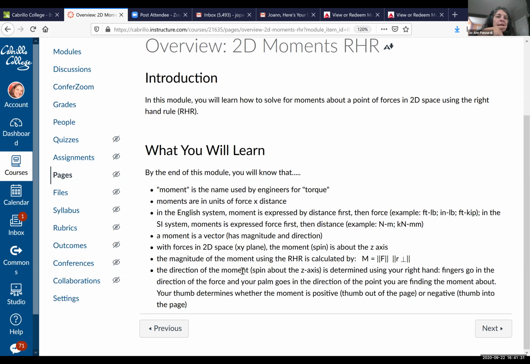So in 2D space, we're working with the XY, which is a vertical plane, and Z positive is coming out at us. If we get our thumb in the positive Z direction, it's positive. If we get our thumb in the negative Z direction, it's negative. Okay, any questions?